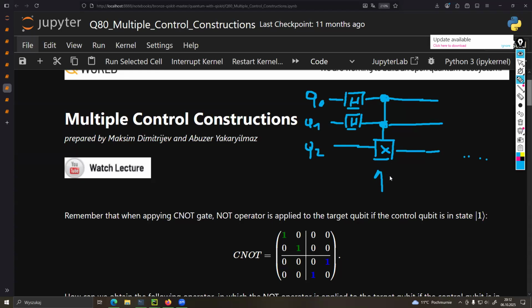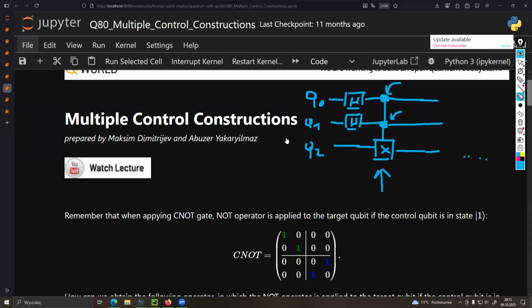So now the only situation that this gate would apply, because now I have two controls, right? These dots mean control. So I control on the bit 0 and on the bit 1. And what I can do with this is accumulate some of the conditions from other bits.